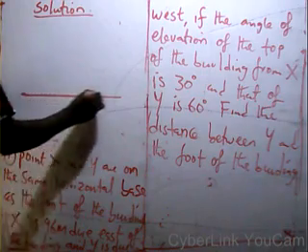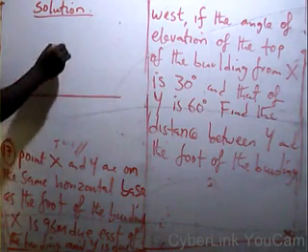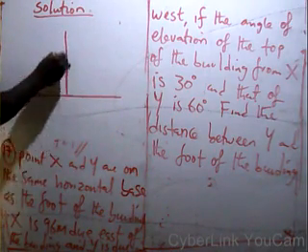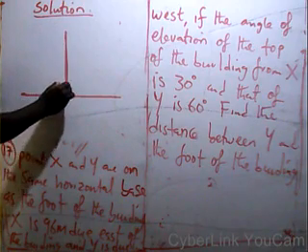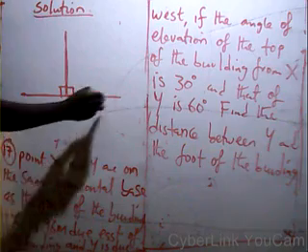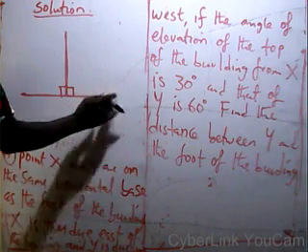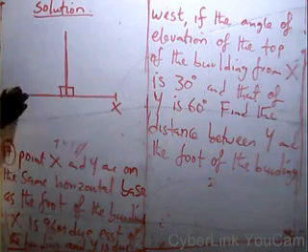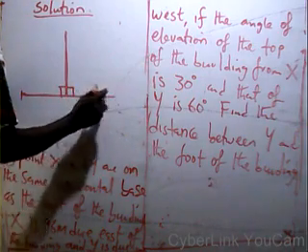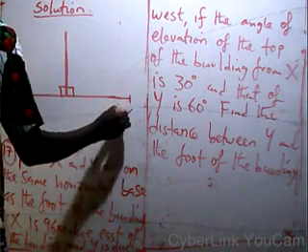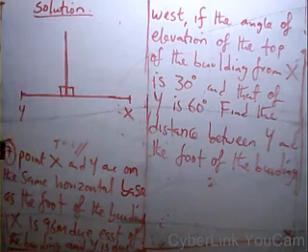That is the horizontal. Then, of course, this is the height of the building. And it, of course, makes the angle of 90. And don't forget, this is where we have our X. This is where we have our Y.